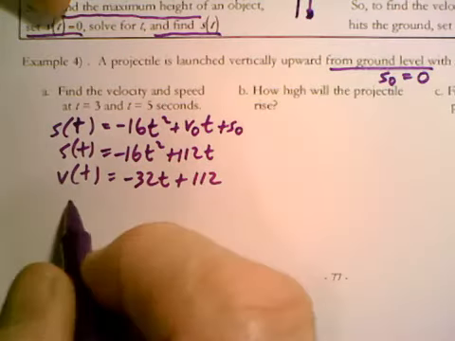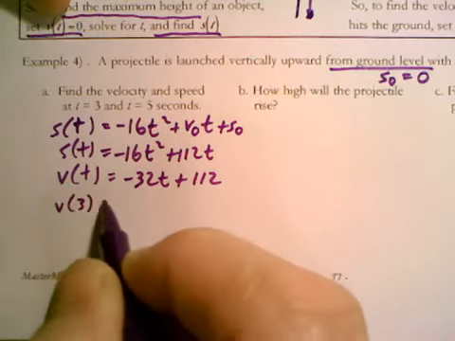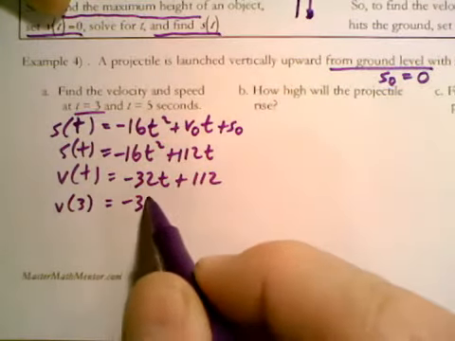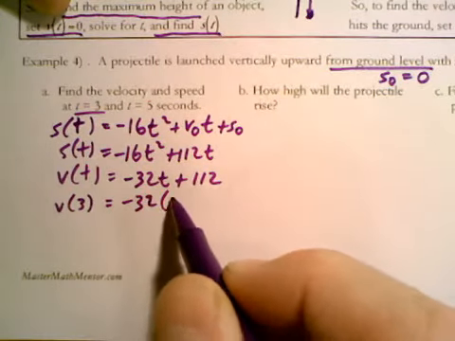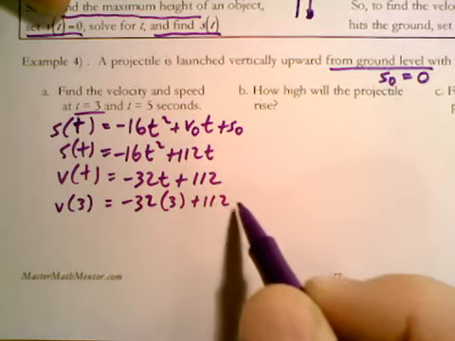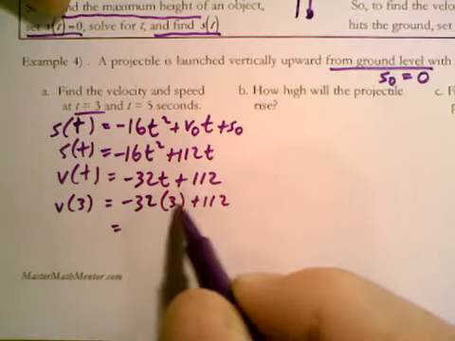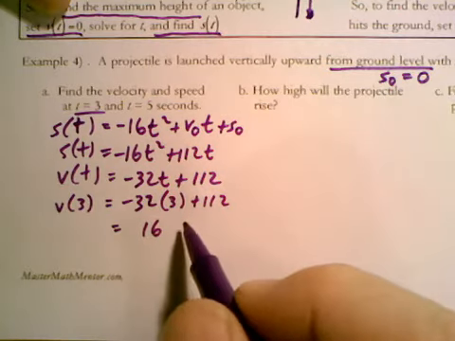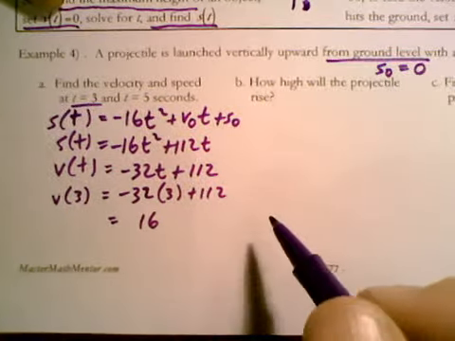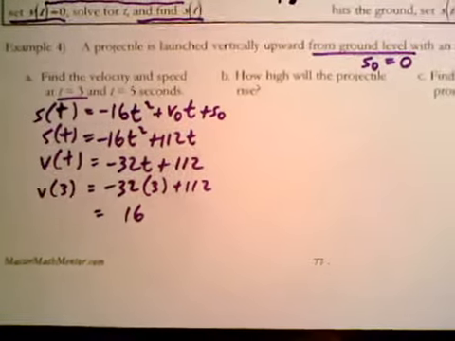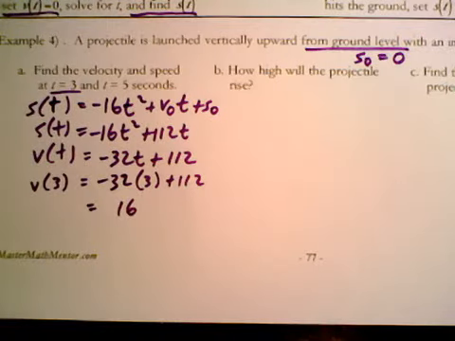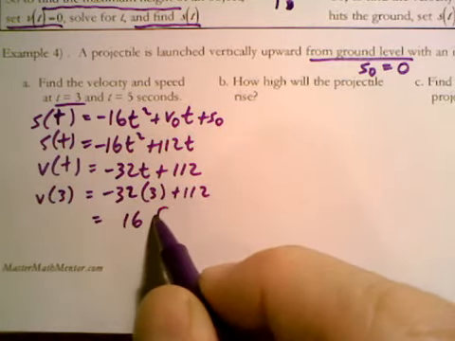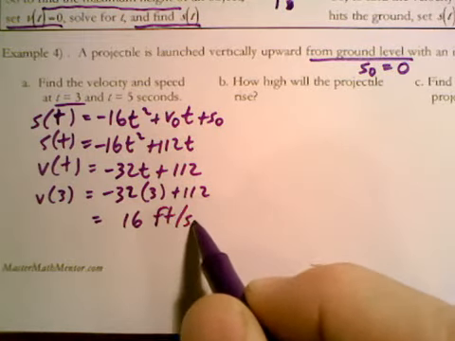Okay, and we're being asked to find v of 3, the velocity at time 3, and the velocity at time 3 then would be negative 32 multiplied by 3 plus 112, and that's negative 96 plus 112, which would be 16. And let's make sure we always, when we're dealing with real life situations where we're applying the derivatives that we're learning, include units of measure. This would be feet per second.